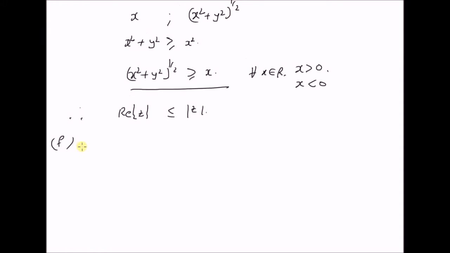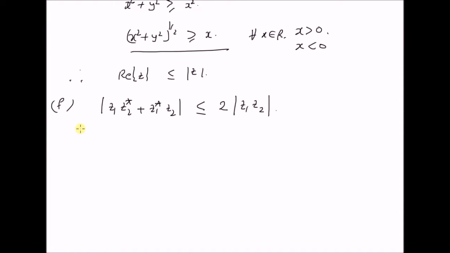And finally, we will prove the following inequality. That is, the absolute value of z1 z2 conjugate plus z1 conjugate z2 is always less than or equal to 2 times the absolute value of z1 z2.